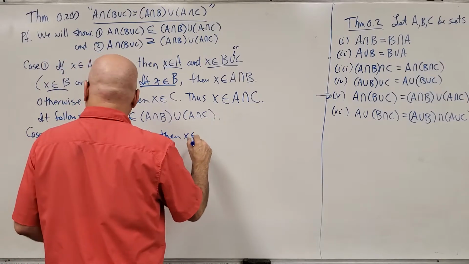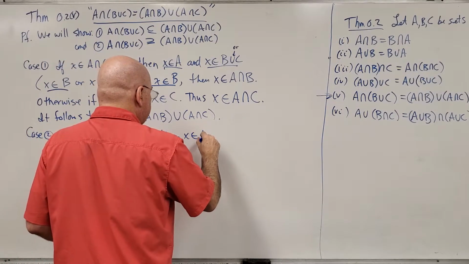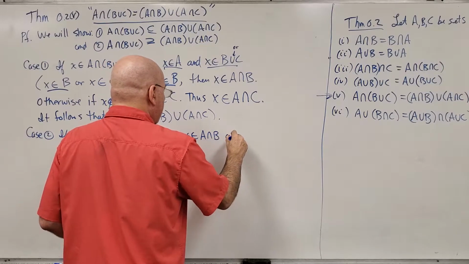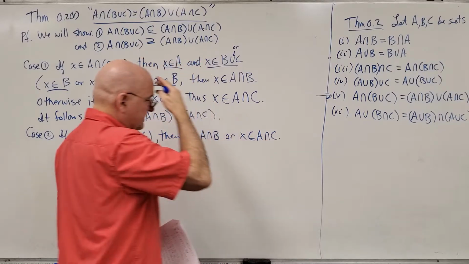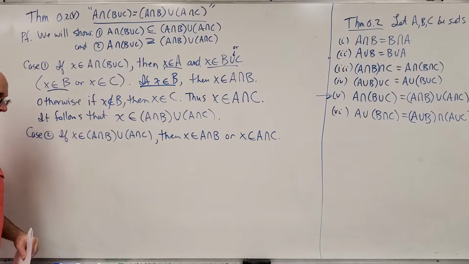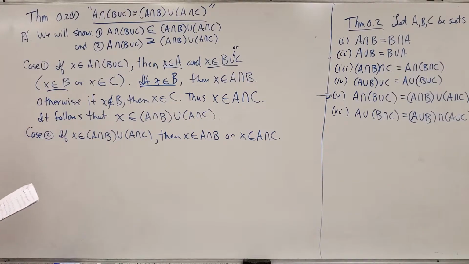Then X is an element of A intersect B, or X is an element of A intersect C. That's just the definition of what union means. It's in either one or the other.